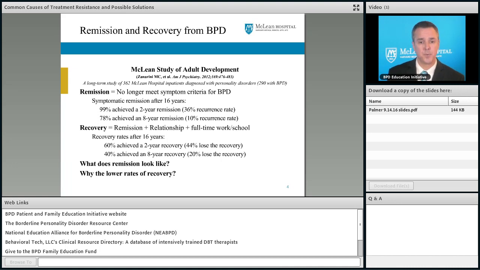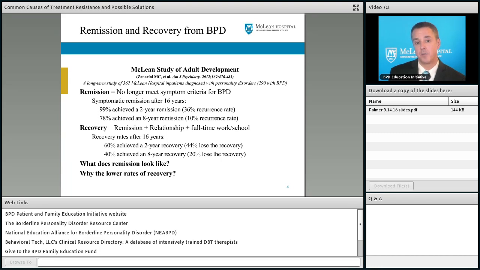And so that's really important. The one thing they did find is that the most common reason for not getting recovery was the lack of full-time work or school. About 50% or so of people did not work and were on disability, usually.